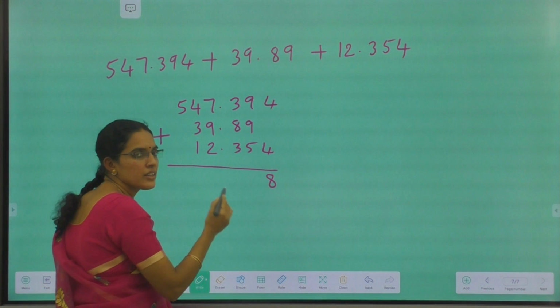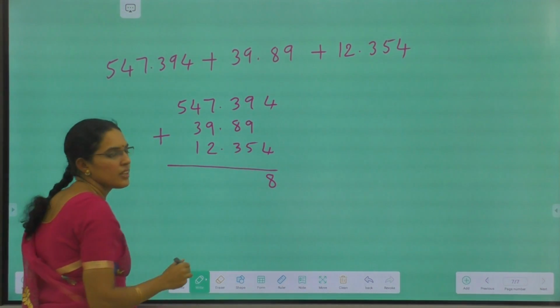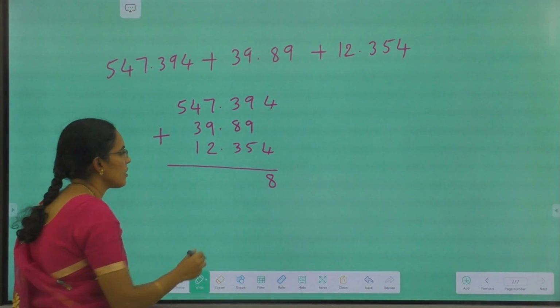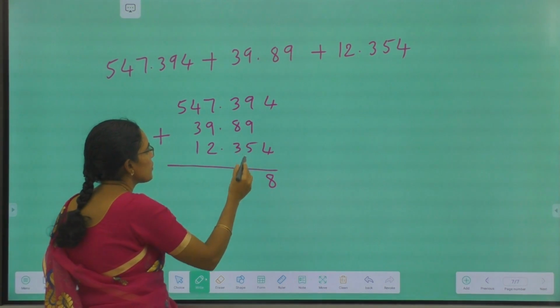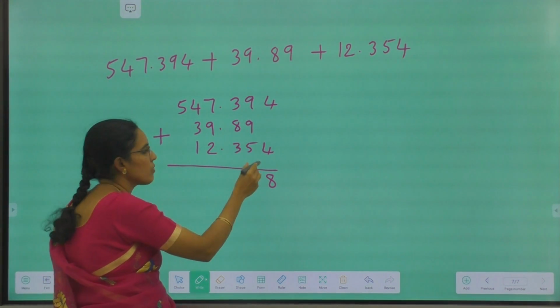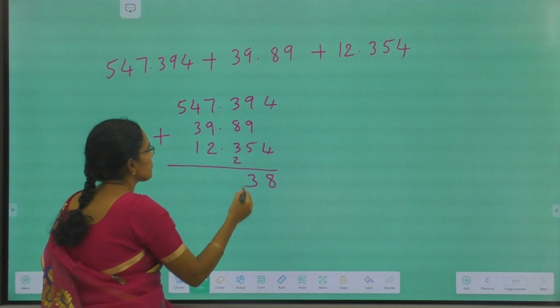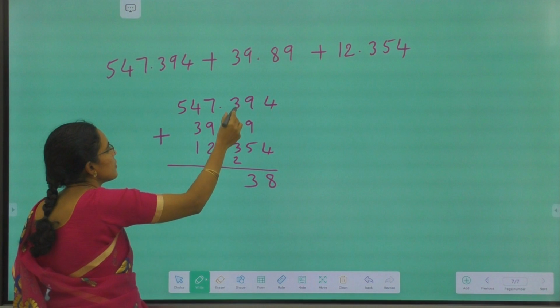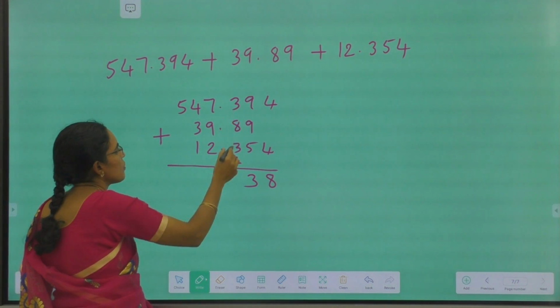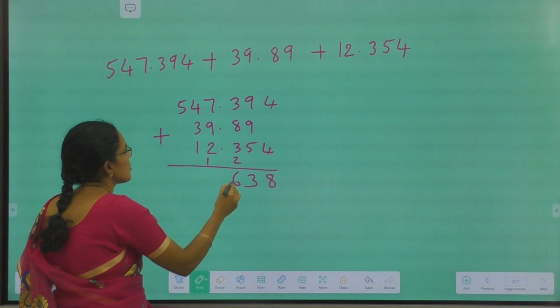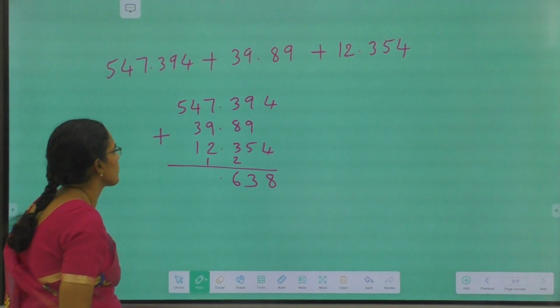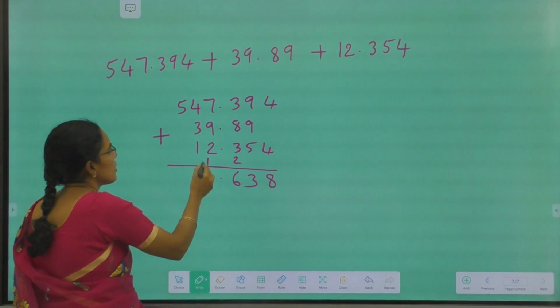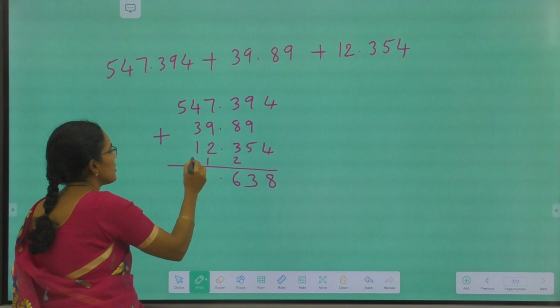After that, 9 plus 9, 18. 18 plus 5 is how much? 19, 20, 21, 22, 23. Then 8 plus 3, 11, 12, 13, 14, 15, 16. 9 plus 1, 10, 17, 18, 19.